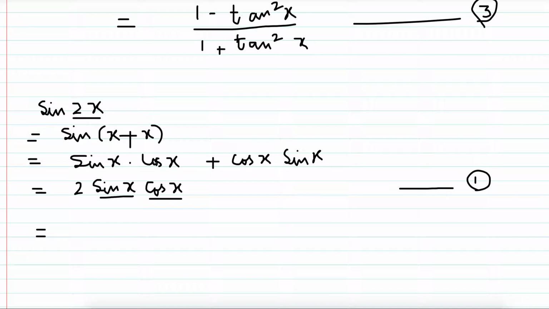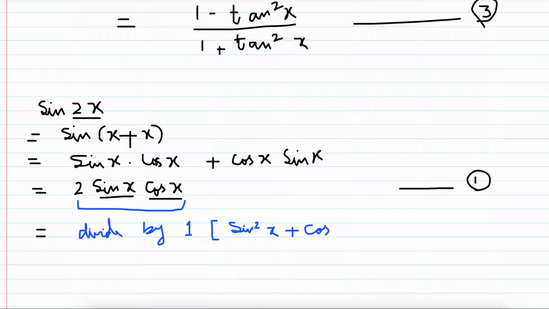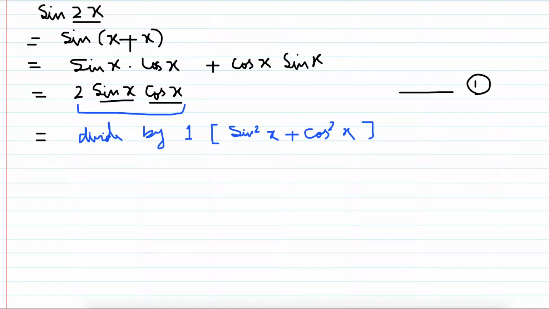So we will just divide this term by 1. Dividing a term by 1 does not change it. So 1 we will write as sin square x plus cos square x. So dividing by sin square x plus cos square x we get 2 sin x cos x.